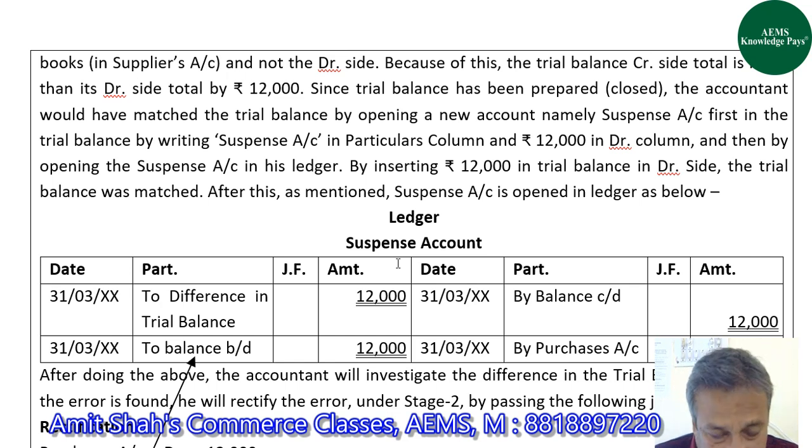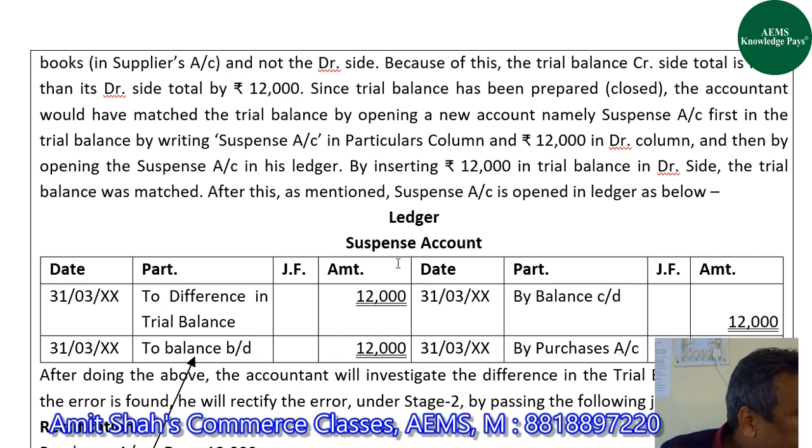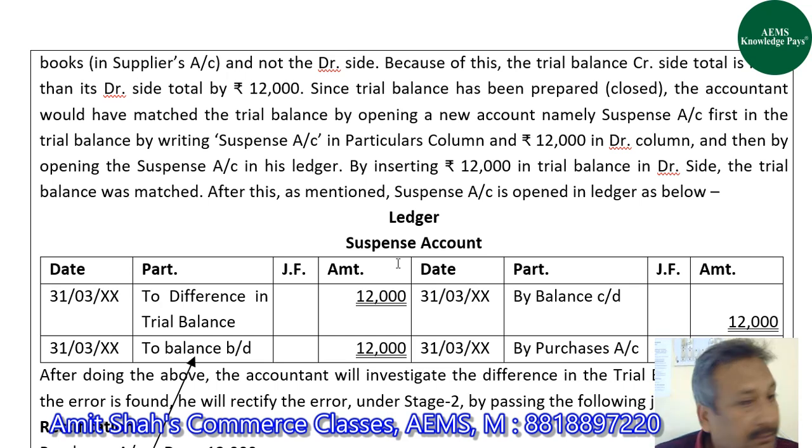Since purchase was less, gross profit would have been more, right? Because purchase of rupees 12,000 was not recorded, that is why gross profit was overstated by 12,000 and so the net profit.